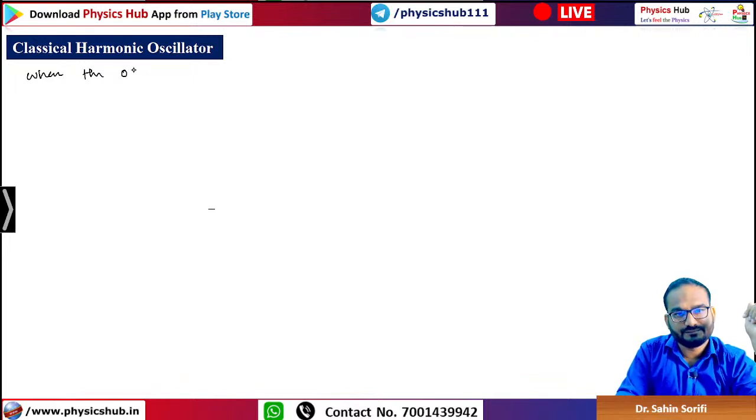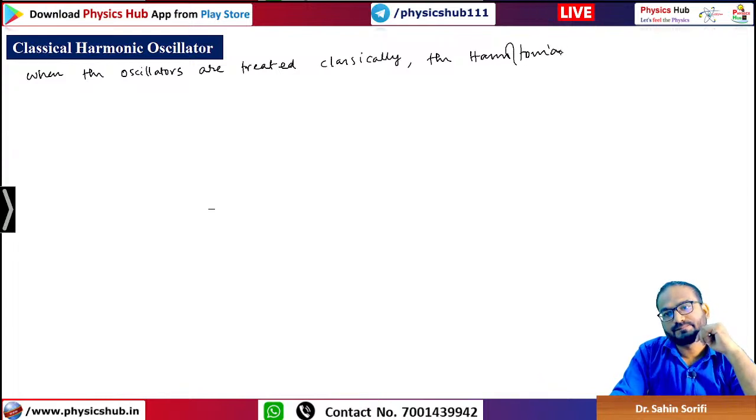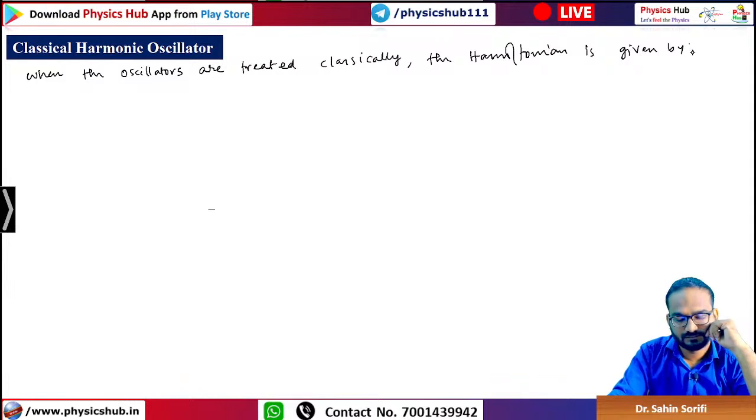When the oscillators are treated classically, the Hamiltonian is given by H of q, p.